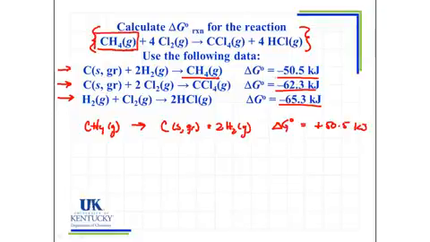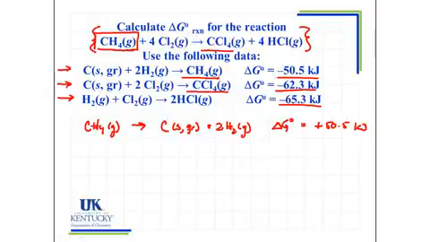We come to the second substance that we're trying to get into place, and that is Cl2. If I look down at these reactions, I see that Cl2 is in 2 of these reactions. And so I'm going to skip over the chlorine for now, and I'm going to go to the next substance. The next substance in line is the CCl4. CCl4 only appears in the second reaction here.